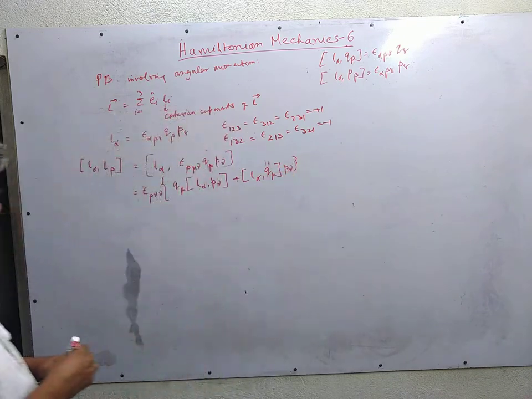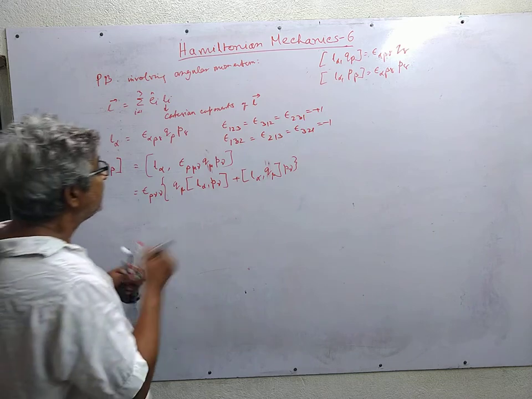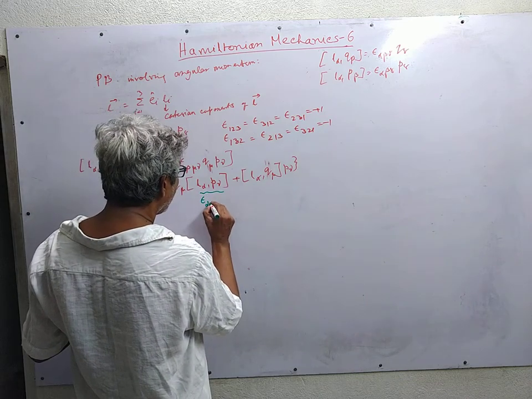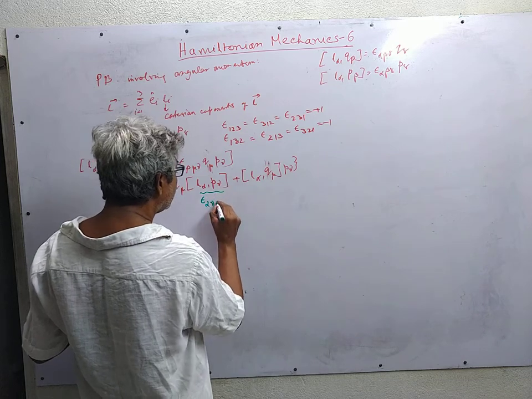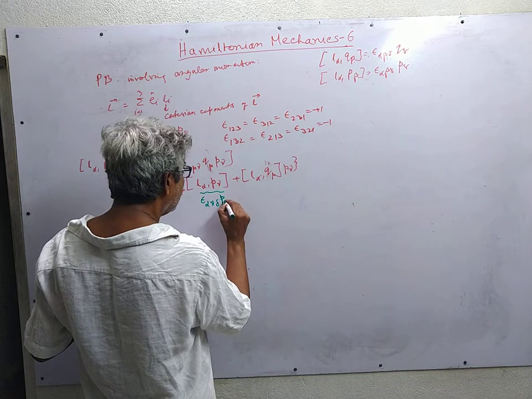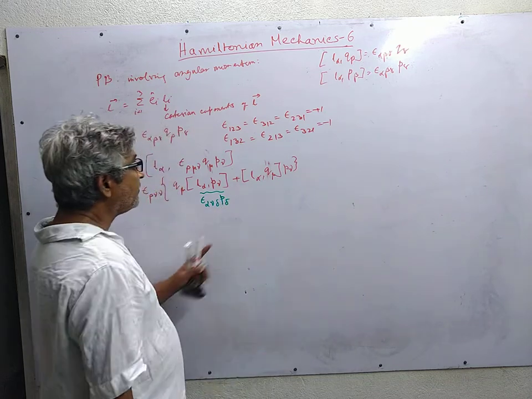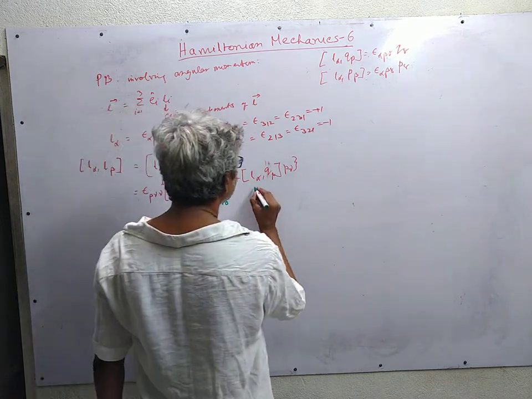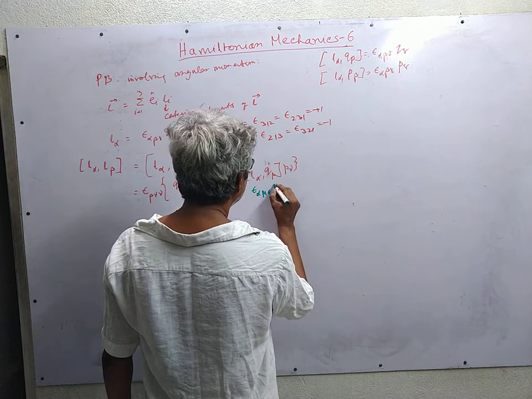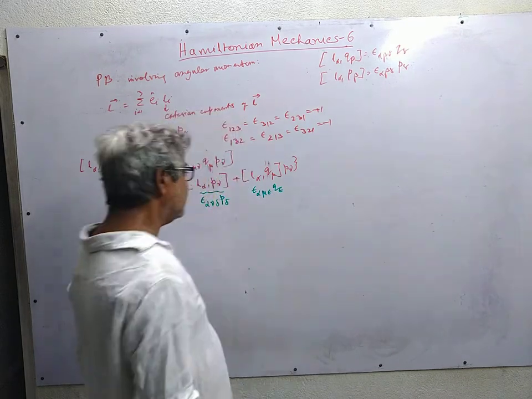These are the two relations. You recall that this part is epsilon alpha mu, then we introduce delta, and for this it is epsilon alpha mu delta q delta.